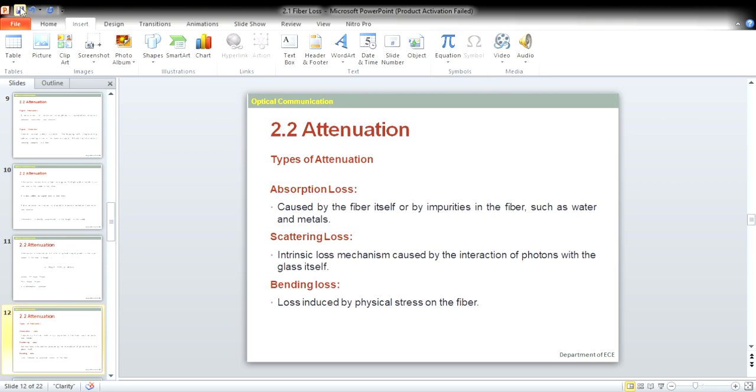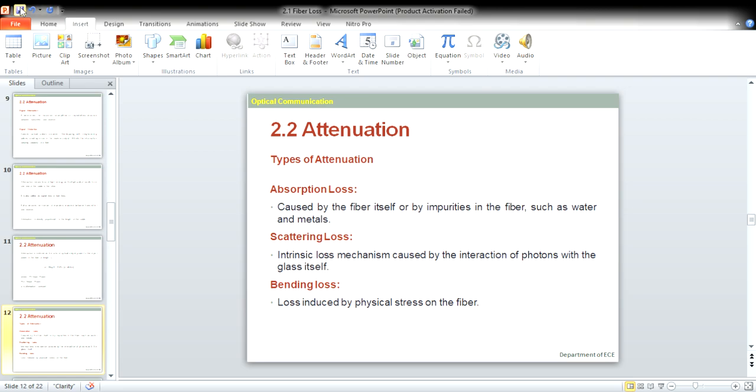We have three types of attenuation, namely the first one absorption loss, second one scattering loss, and third one bending loss. Absorption loss is mainly caused by the impurities present in the fiber such as water and metals. Under absorption we have intrinsic absorption and extrinsic absorption. Second type, scattering loss, is mainly caused by interaction of photons with the glass.